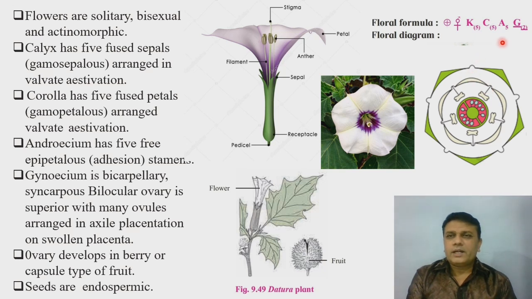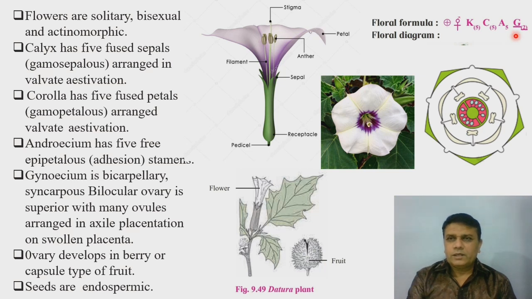Then A stands for androecium, and 5 is the number of stamens, and these stamens are free from each other. Here we can see that there are a total of 5 stamens: first, second, third, fourth, and fifth.